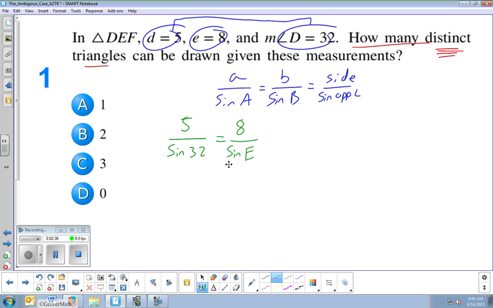But how do we turn sine E into angle E? We use the inverse function of sine, so we're going to type into our calculator second sine. But remember, from the ASTC we did a couple weeks back, that sine is positive in quadrant 1, but it's also positive in quadrant 2.